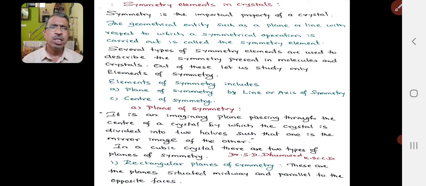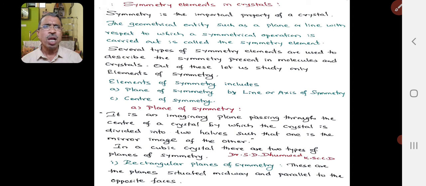I repeat, imagine a cube. You divide the cube into 2 halves. That means you cut the cube by putting a plane touching the 2 faces. Then the cube divides into 2, and one is the mirror image of the other. This is called the plane of symmetry.